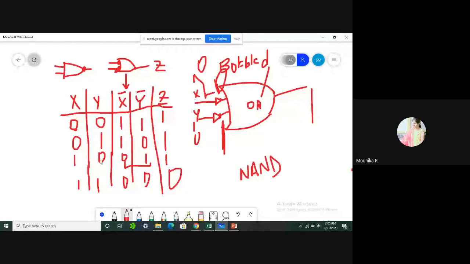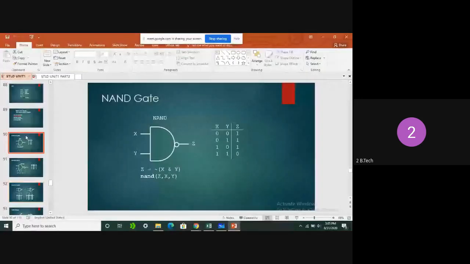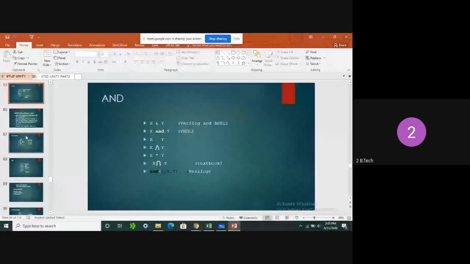Output is not 0 in OR. Output is 1. You are thinking of multiplication 1, 0, that is for the AND gate. For an AND gate, both should be high, whereas for an OR gate, either of the inputs being high is enough. It can produce 1.